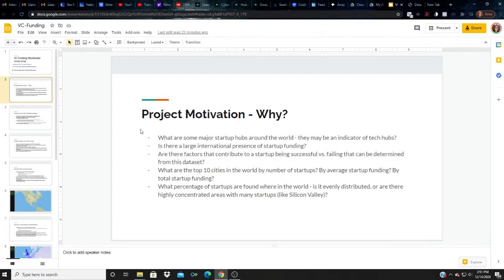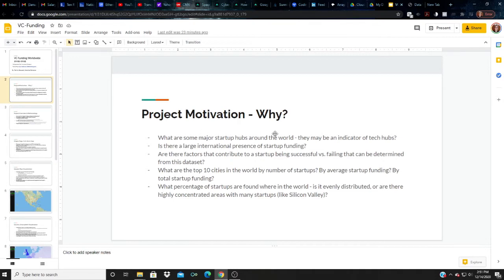We figure if we find concentrations of startup hubs, there's likely an overlap with established tech companies, a presence of large tech firms or a developed technology industry in that location, because a lot of the times startups are an expansion or spillover of the same software developers or tech people who are now starting their own companies and getting funding from places like venture capital firms.